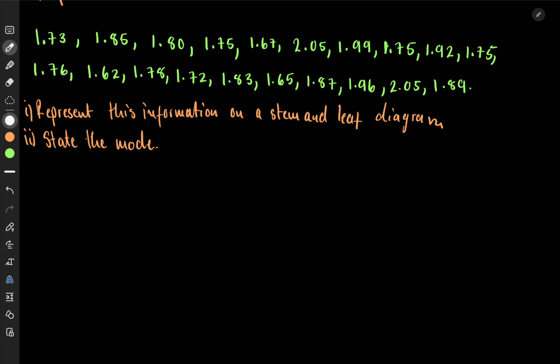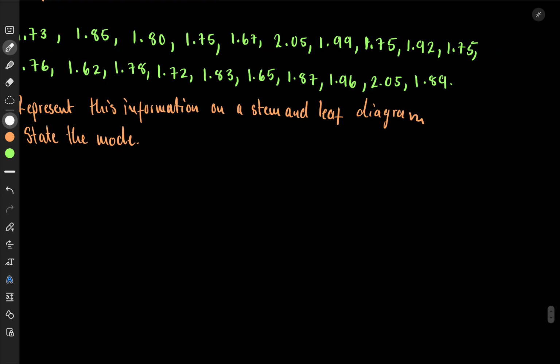Basically what I'm going to do is first look for the smallest value, then look for the biggest value. My smallest so far is 1.62. Do I have anything smaller than 1.62? 1.65, 1.72, no. So it's 1.62. Smallest is 1.62.